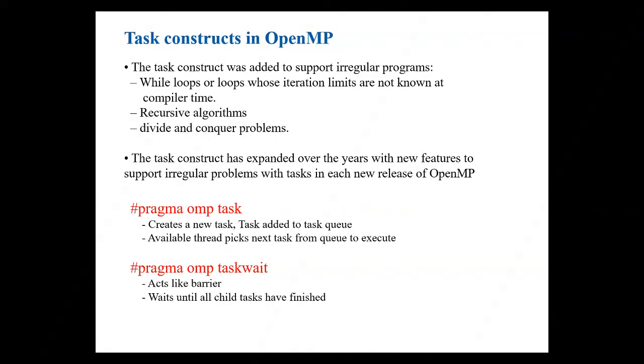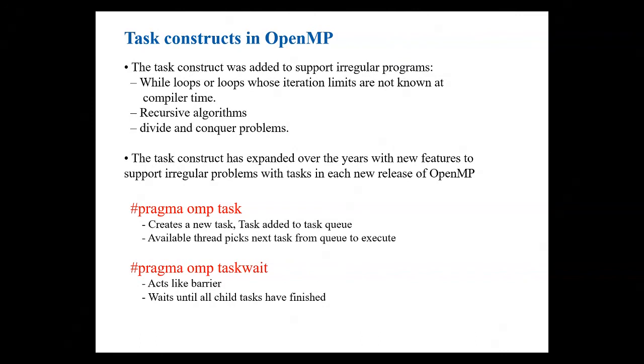What it does is basically support irregular programs. As we said, with while loops or loops where you cannot count the iterations, there are no numbers known to the compiler. The other case is recursive algorithms, and any kind of divide and conquer problems.